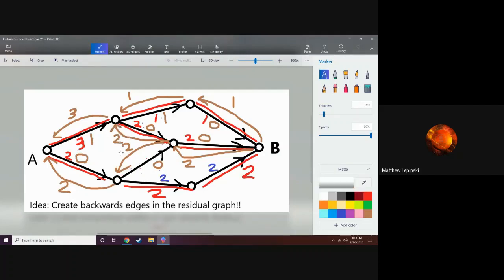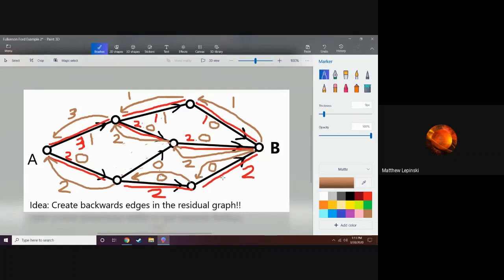This backtracking edge goes away because I'm not sending flow, so I can no longer backtrack here. Then here, these also are going to become 0s. There's no capacity left here. There's no capacity left here. And we will draw in our backtrack edges.